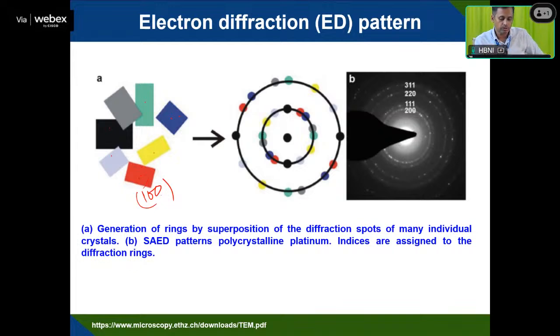Because of that, you will get many dots, and all these dots can fuse together to form a ring type of pattern. This is the pattern of a Fe3O4 nanoparticle. You can see these different dots come closer to form this type of ring structure, and then you can analyze those rings to find out each plane.